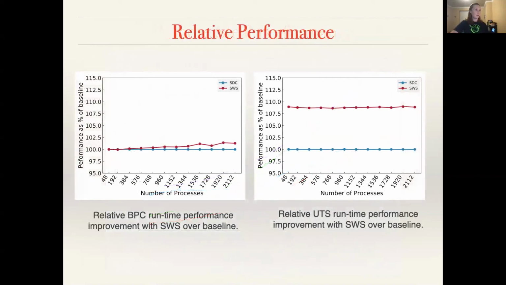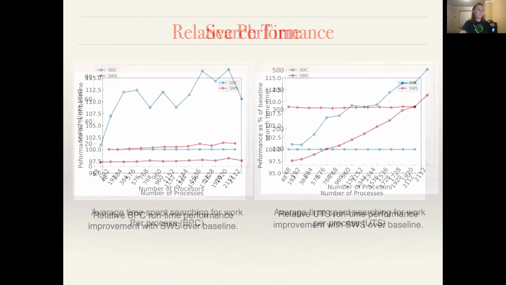So here we have the relative performance of SWS over the SDC baseline. The bouncing producer consumer has larger tasks, so you can see that those are very similar, but as you scale out in process count, it becomes somewhat noticeable. But then with UTS, we see consistently the overall program runtime is about 10% better with SWS.